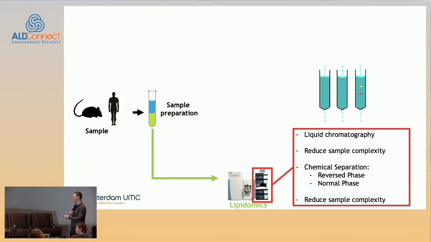That chromatography you can compare with a tube, and the tube is coated on the inside with a certain chemical coating, and there's a liquid going through it. When you introduce a sample in this tube, certain compounds within your sample have different speeds as they go through the tube.